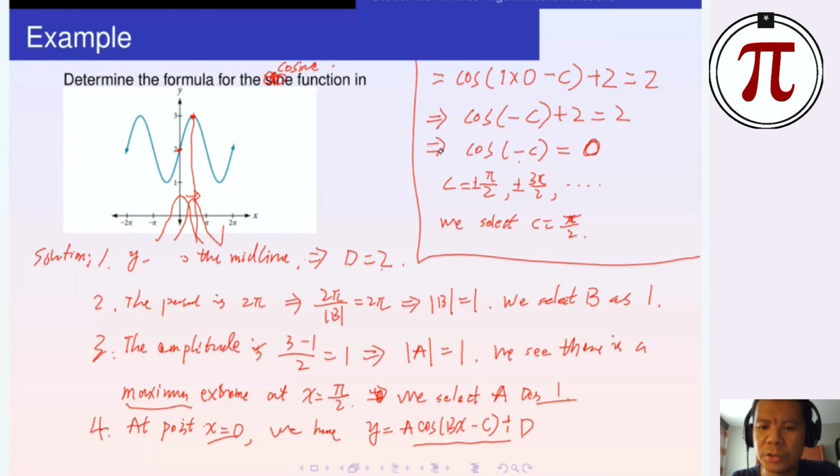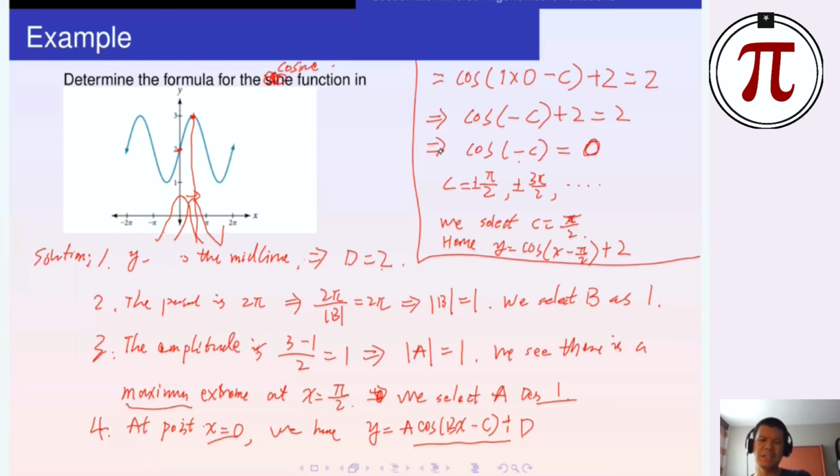Therefore, the function is y equals cosine of x minus pi over 2 plus d, and d is 2. Of course, this is using the cosine. We discussed the cosine, and probably in the next class we will talk about sine.